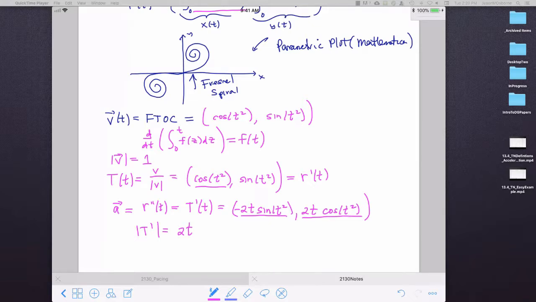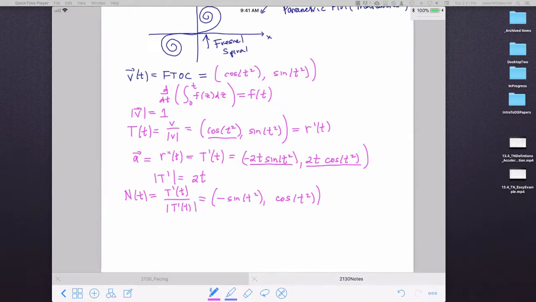Therefore, to find the vector N of t, which is T prime of t divided by the magnitude of T prime of t, the 2t's will cancel and you'll just get minus sine of t squared, cosine of t squared.